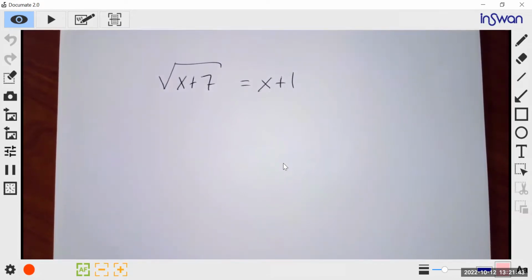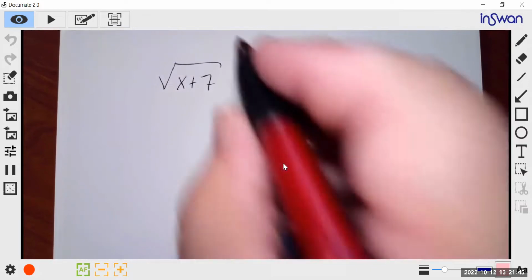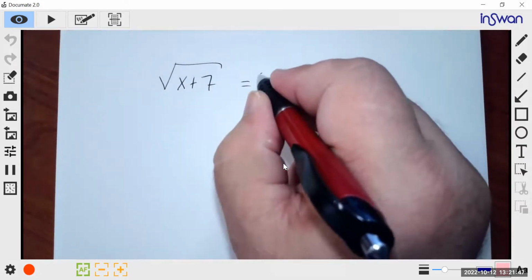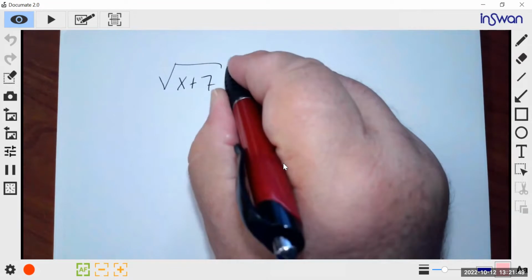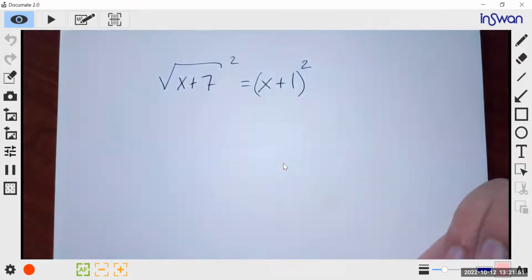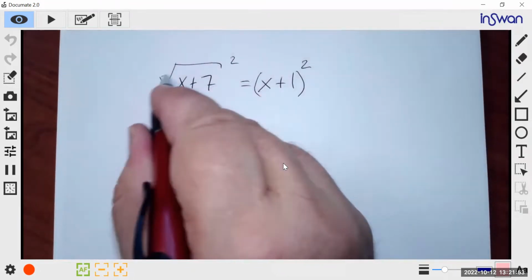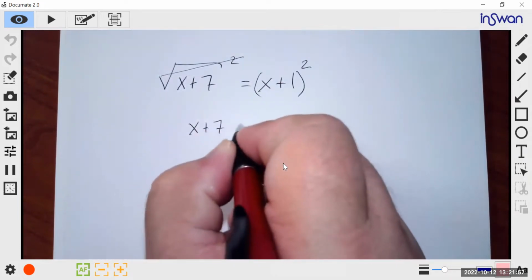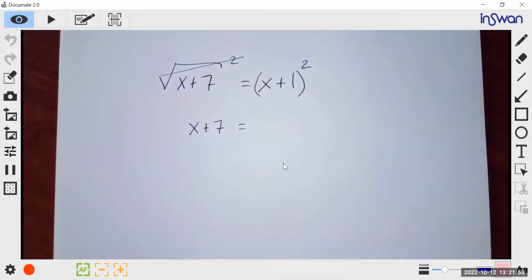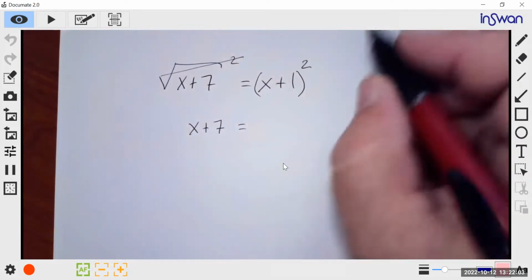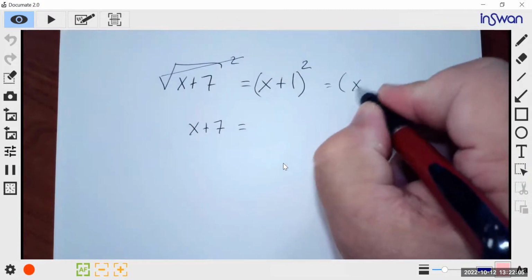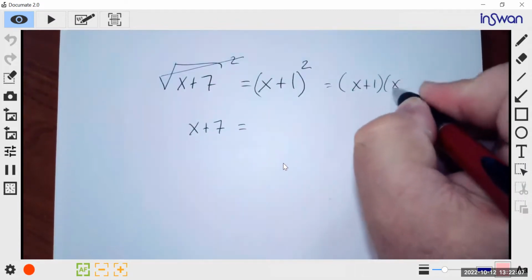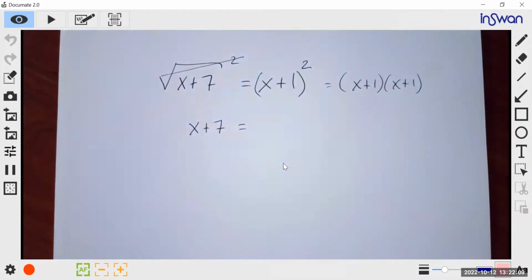So we do what? Square both sides. Since this is an equation, we have to put parentheses around it. We have to square both of these. So x plus 7. What happens to the right-hand side? It means x plus 1 times x plus 1. We have to multiply those together.